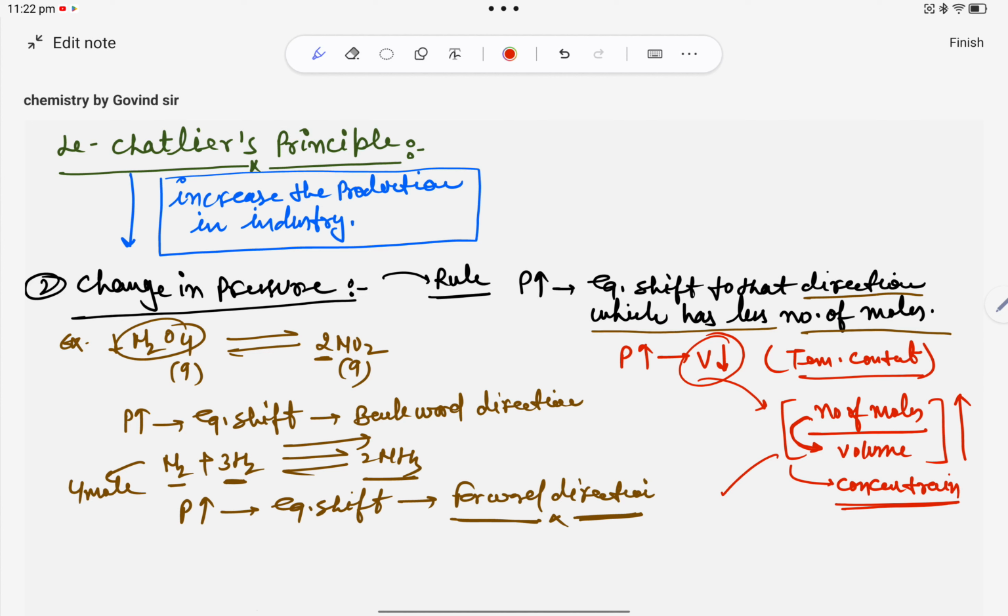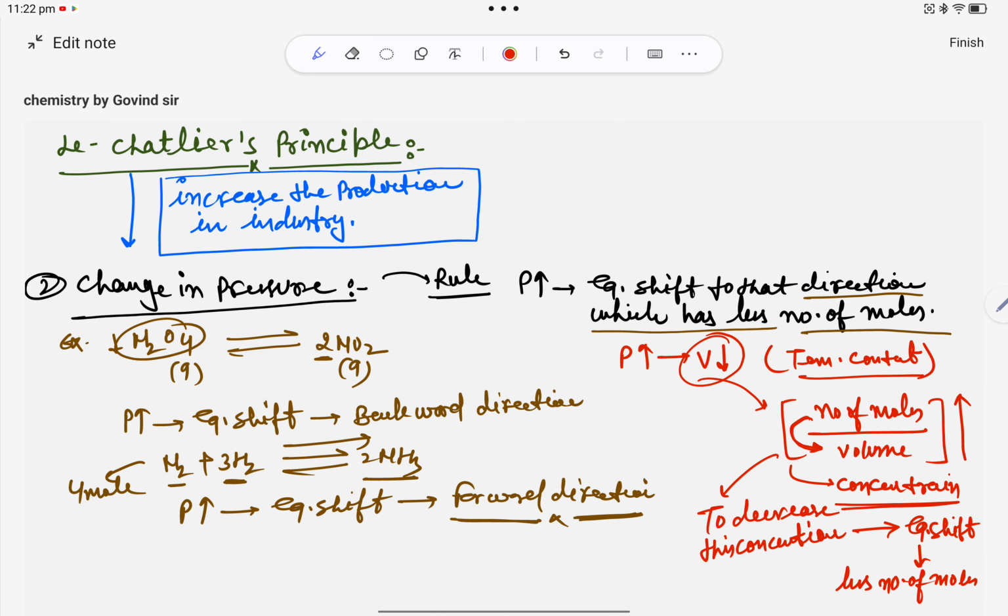So what does the equilibrium want? The equilibrium wants to decrease this concentration. If concentration increases, the equilibrium wants to decrease it. Then in which direction does equilibrium shift? Where there are fewer moles. So that is the concept behind the rule.